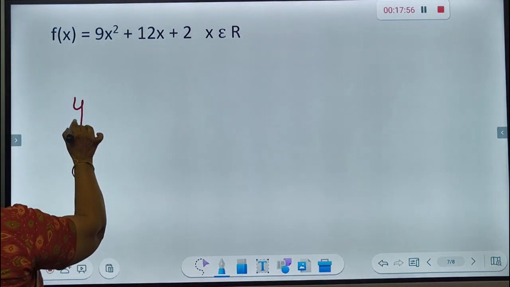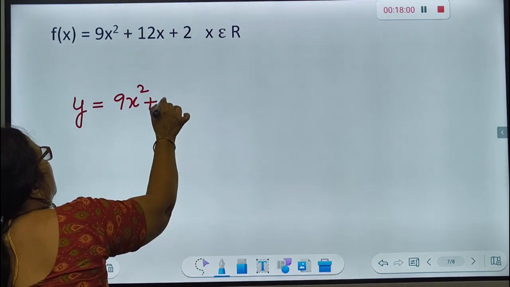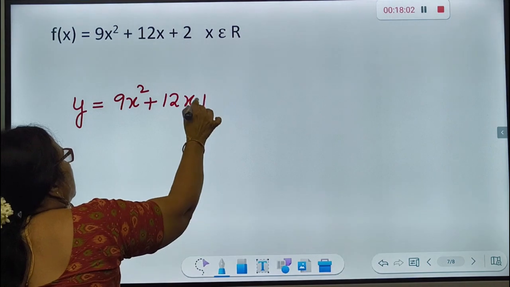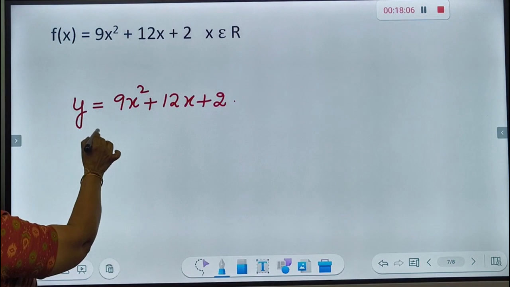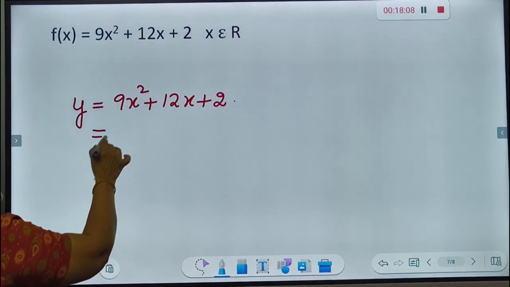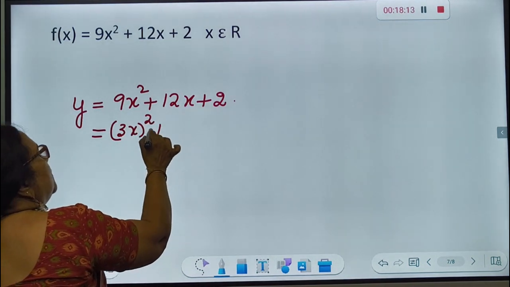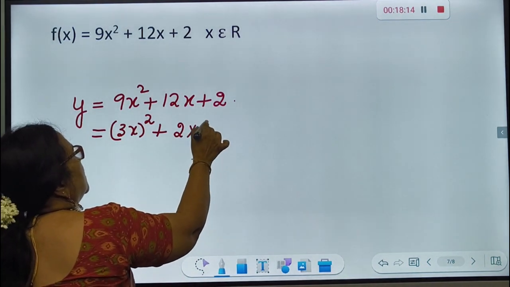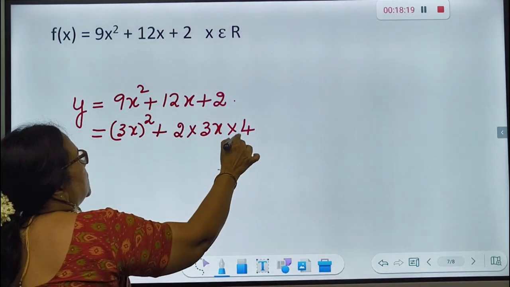Okay, we have y equal to 9x square plus 12x plus 2. Now I can write it as 3x the whole square plus 2 into 3x into what is remaining, 4.